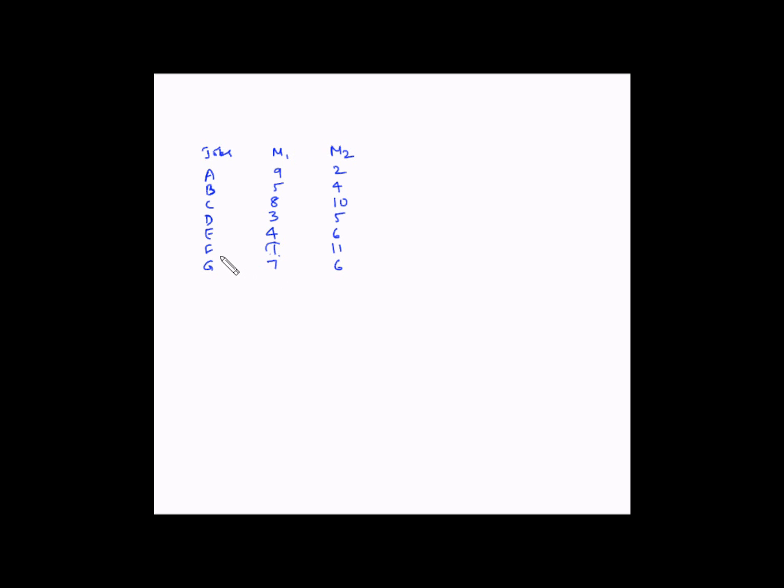So we'll first process job F. Let's cut this line because we have already processed this. Now the next shortest number is 2. Now this 2 is on machine M2. So as per Johnson's rule, if the shortest time is for the second machine, do the job last. So we'll process A in the end. So let's put A somewhere here towards the end, and let's cut this line here.